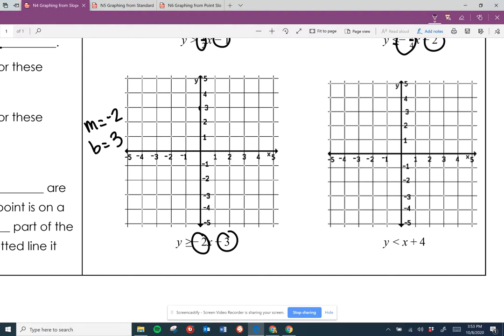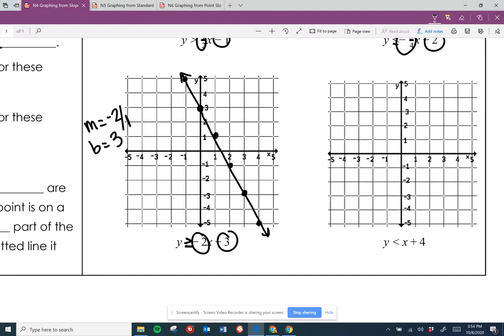Okay, so I'm going to make my first point at 3 and then continue the -2 slope. In case you forgot, when you graph it, you have to put whole numbers over 1. So I'm going to go down 2 to the right 1, down to the right, like that, and then up 2 to the left 1 on the other side. This has an equal to line underneath it, so I'm going to connect these dots.